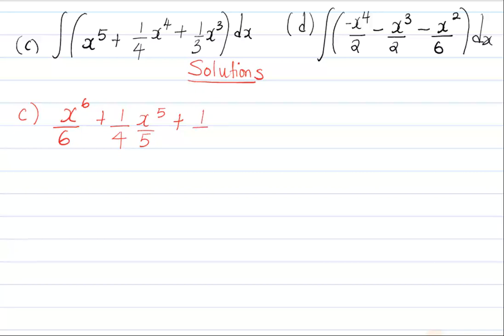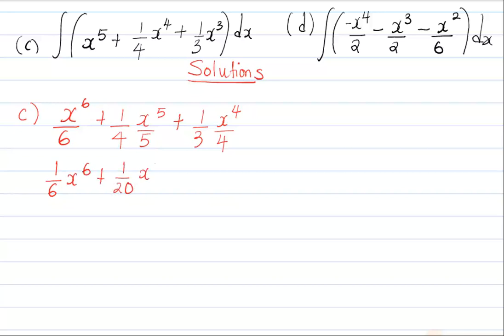You keep your 1 over 3 alone. Then you say x to the power 4 over 4. So this is the same thing as 1 over 6 x to the power 6 plus, 4 and 5 multiply, we get 1 over 20.